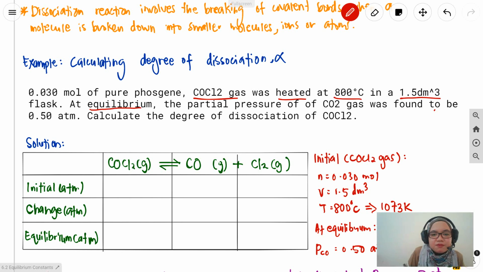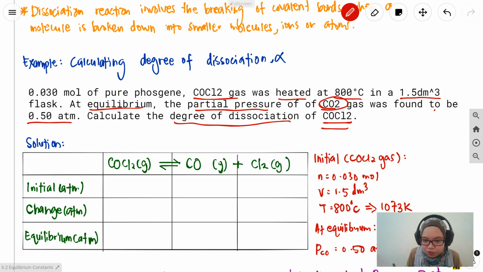At equilibrium, the partial pressure of carbon monoxide gas was found to be 0.50 atm. Calculate the degree of dissociation of COCl2. So dia nak cari degree of dissociation of COCl2, the reactant.